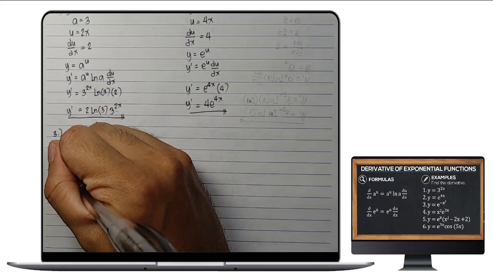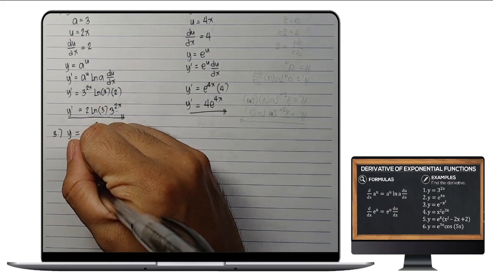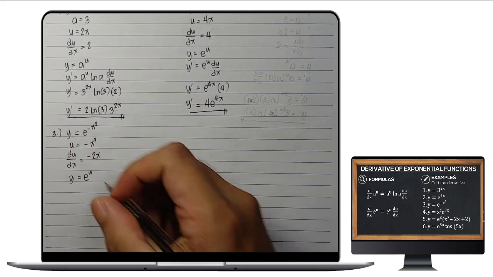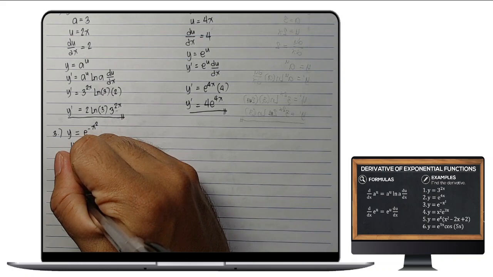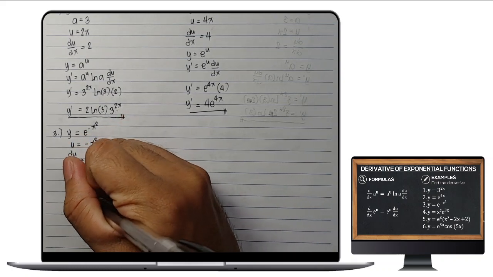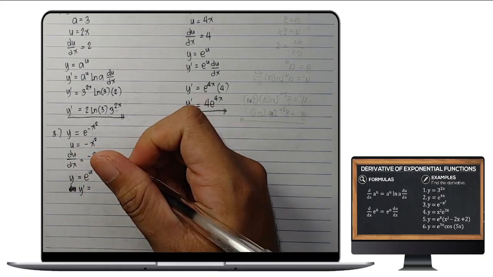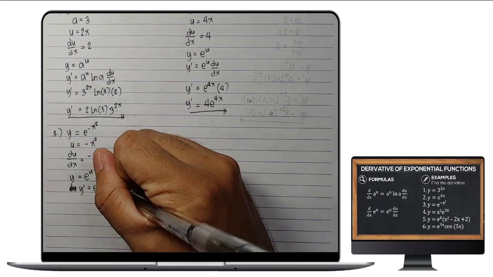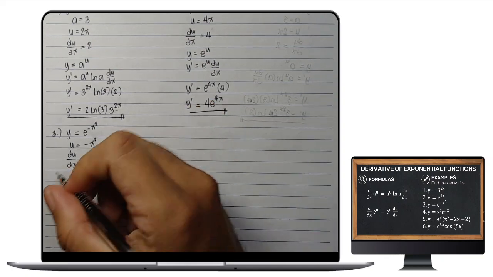Then we now have y is equal to e raised to negative x squared, which is simply e raised to u. Then when we get the derivative of y, that is y prime, so we have e raised to u, derivative of u with respect to x.